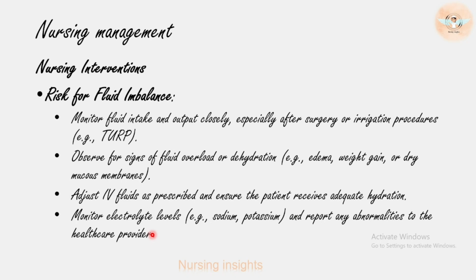These are my interventions to prevent fluid imbalance: monitor intake and output, watch for complications like fluid overload and dehydration, and adjust IV fluid as prescribed. We should not give fluid as we wish. We should follow the physician's order and monitor the electrolytes as instructed, and report any abnormality to the healthcare provider.